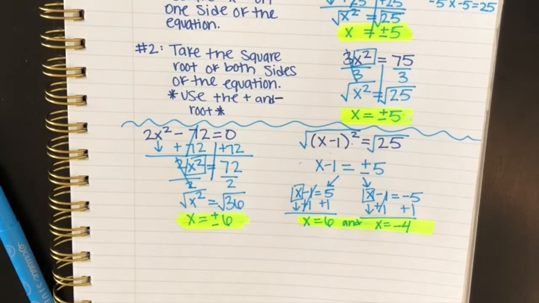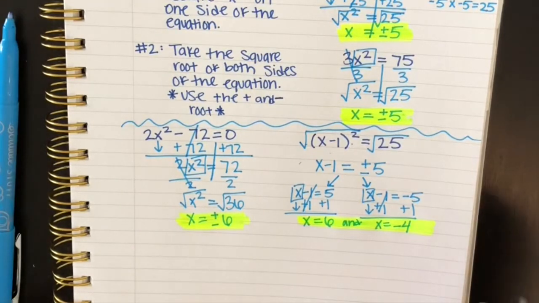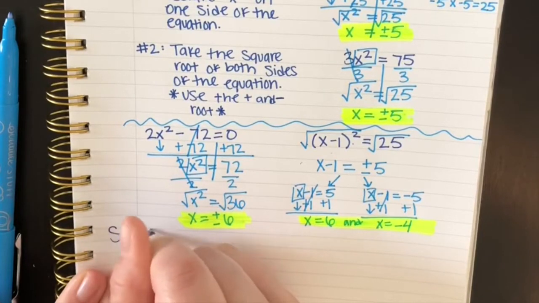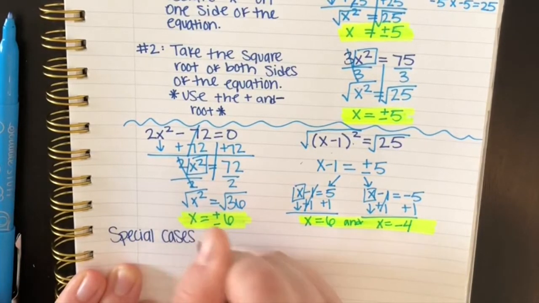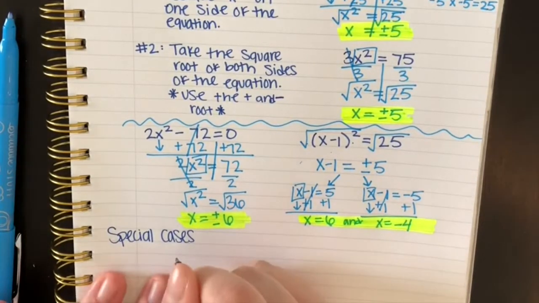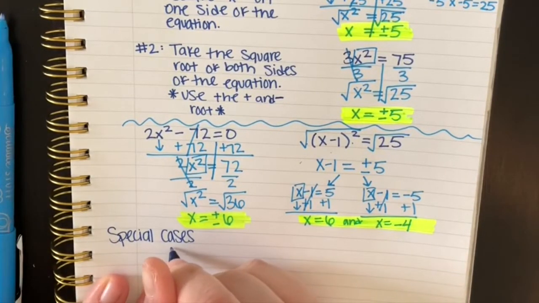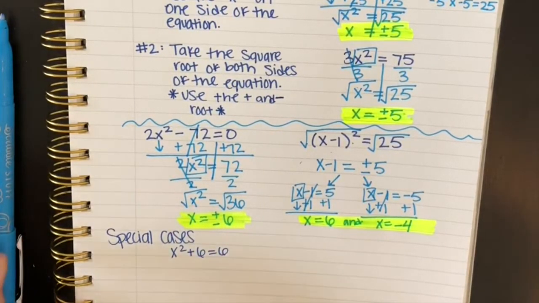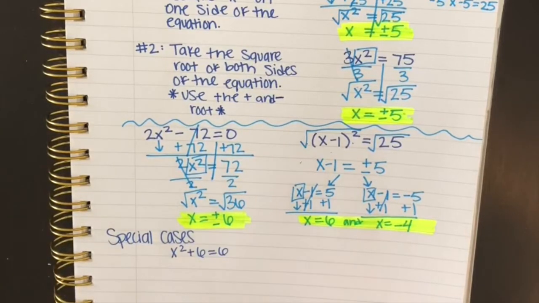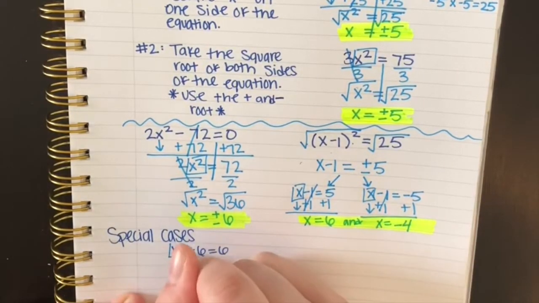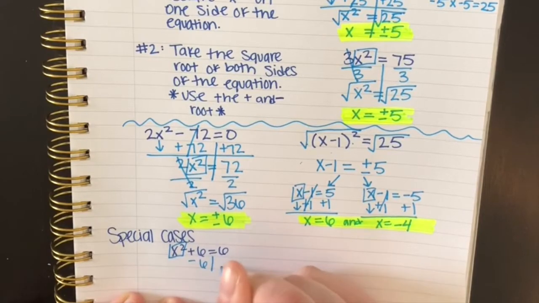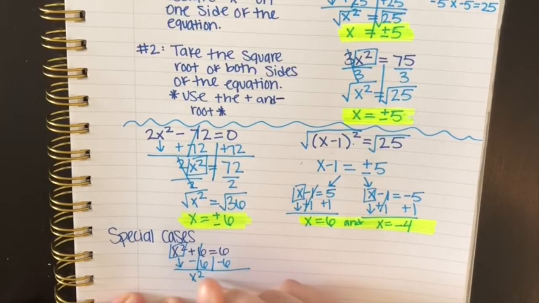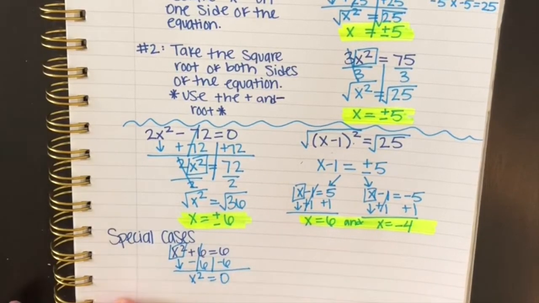All right, now the last thing I'm going to show you is that we have two special cases. So we have x squared plus 6 equals 6. And if I'm following those same steps we did before, isolate x squared on one side, so I'm trying to get x squared by itself. So I'll subtract 6 to get that x squared equals 6 minus 6 is 0.